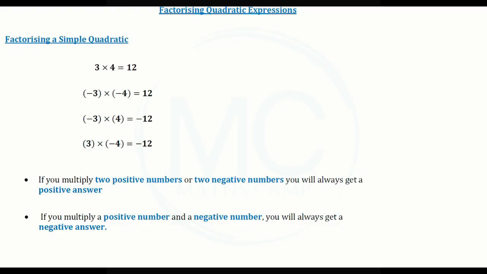Now let's look at what happens when we add these numbers together. 3 plus 4 gives us 7. Negative 3 minus 4 gives us negative 7. Negative 3 plus 4 gives us 1. And 3 plus negative 4, which becomes 3 minus 4, gives us negative 1.